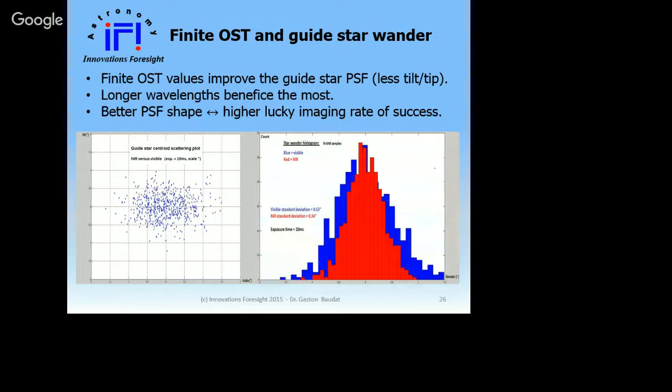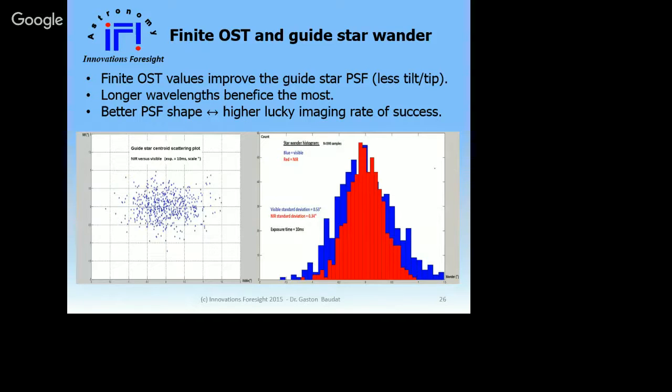Now, if you do the histogram, this is what you get. This is the histogram of the visible and infrared star wander. And the seeing was okay that day, and you can see the visible standard deviation is 0.5. If you remember, this is pretty much the value in the visible which was forecasted by the model before.